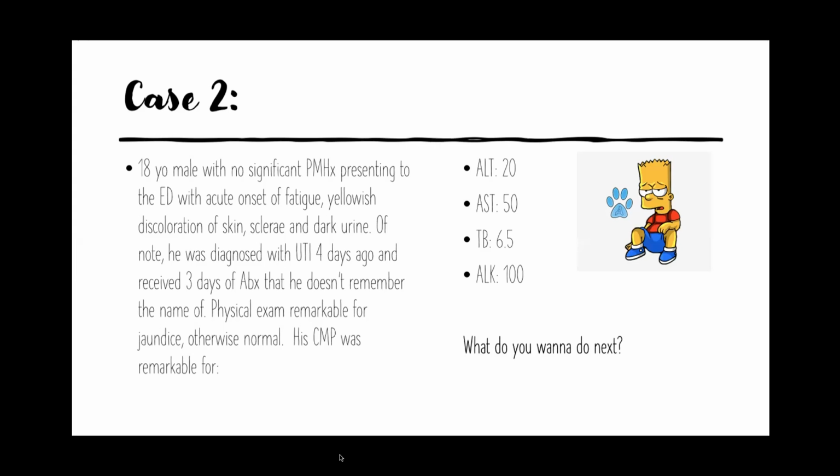In this case, we'll see the direct bili, what's the ratio of the direct and indirect bili. Okay, so in this case, he's also on the indirect, like the elevation in the indirect bili. What do you do next?